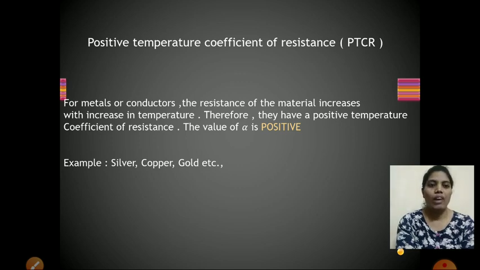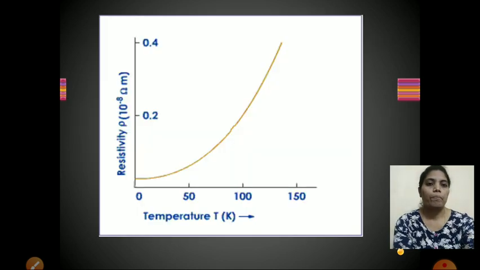So the value of alpha is positive for metals or conductors. The best examples for positive temperature coefficient of resistance substances are silver, copper, gold, etc.